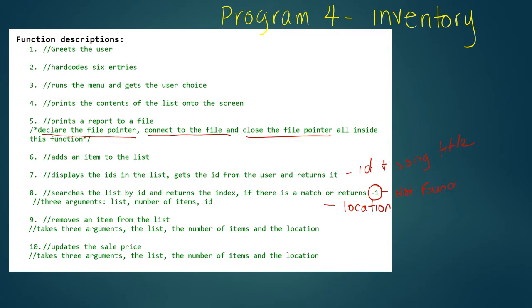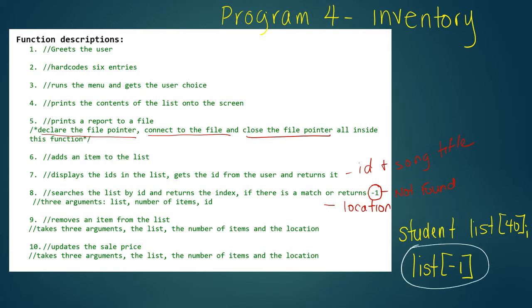You have to be careful with the -1 because it is not possible. Say, for example, your data type is student and you have a list of size 40. It is not possible to have list at index -1. So it's very important that you check that this does not happen.